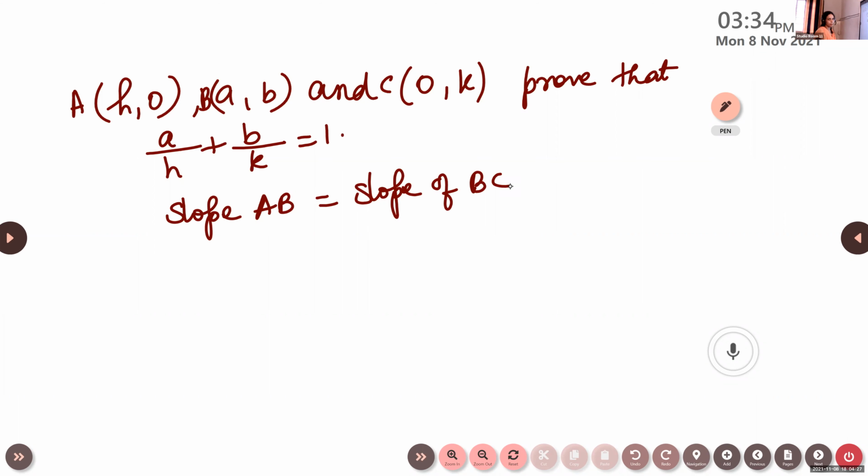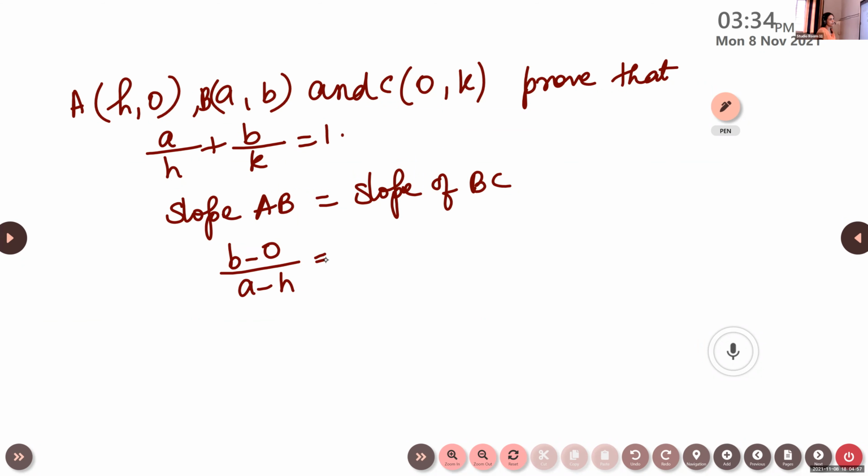What is slope of AB, John Philip? Change in Y coordinates, B minus 0, by A minus H. Yes, correct.